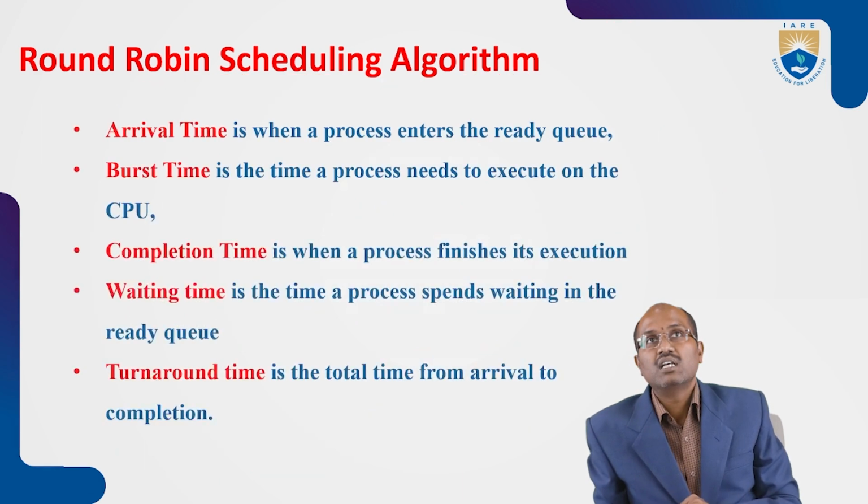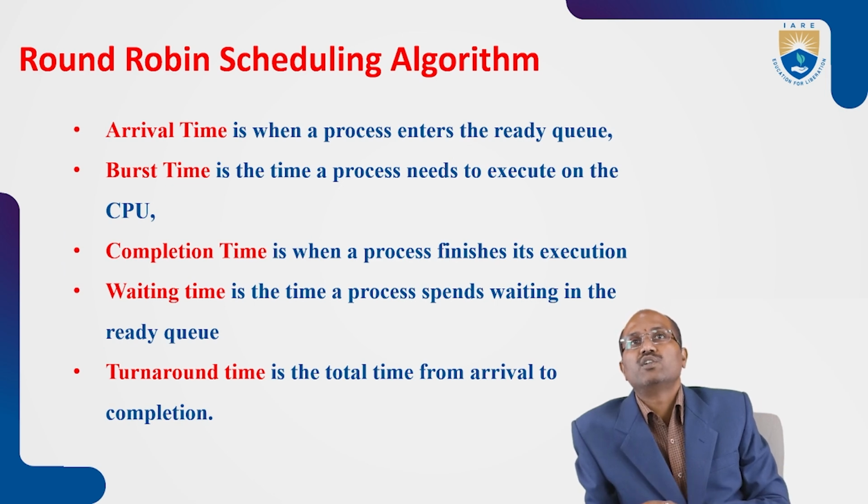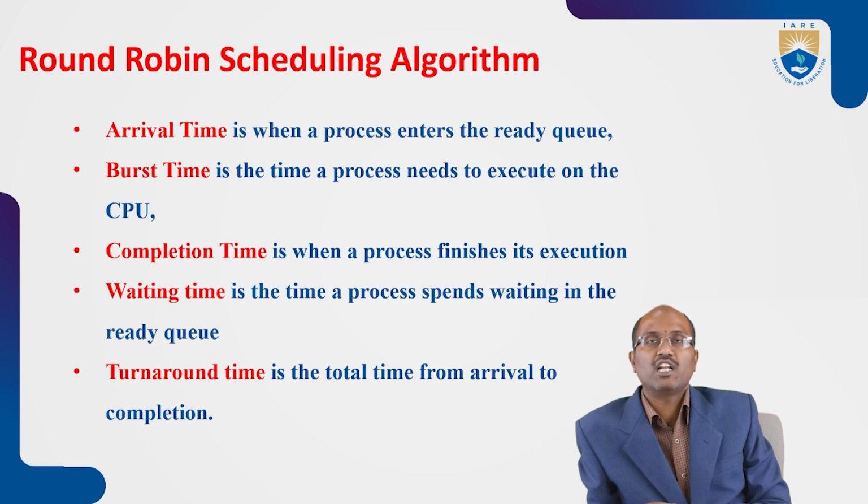So these are common. Arrival time is when the process enters the ready queue. Burst time is the time the process needs to execute on the CPU. Completion time is when a process finishes its execution. Waiting time is the time a process spends waiting in the ready queue. Turnaround time is the total time from arrival to completion. These are common for all scheduling algorithms.